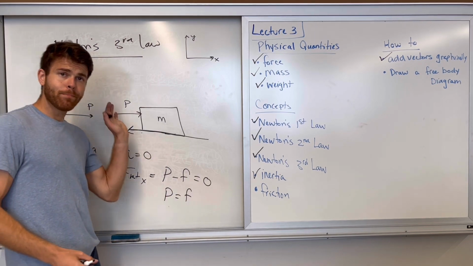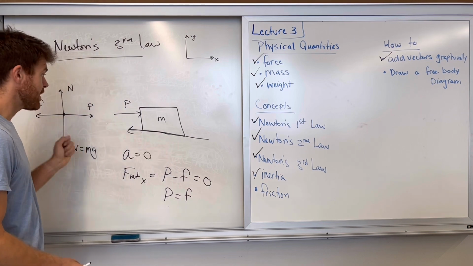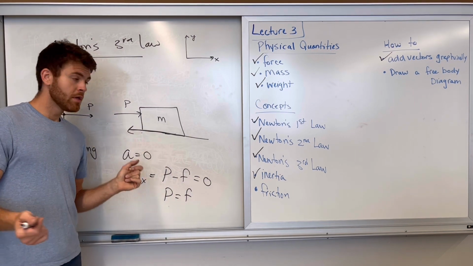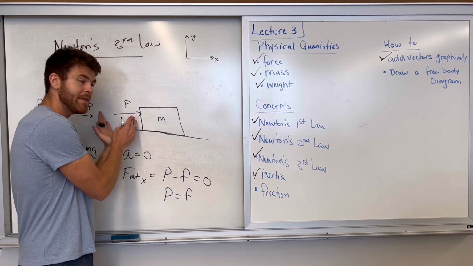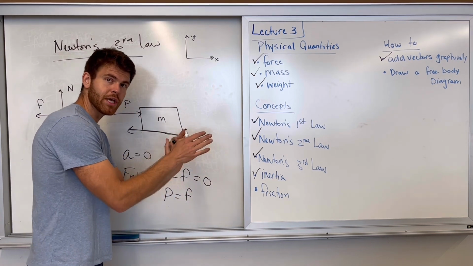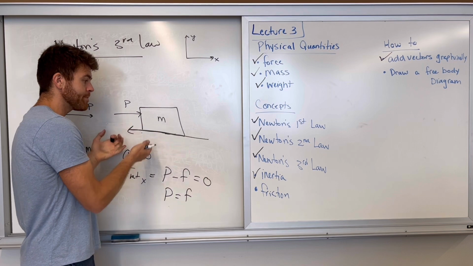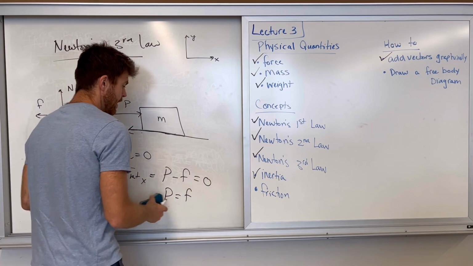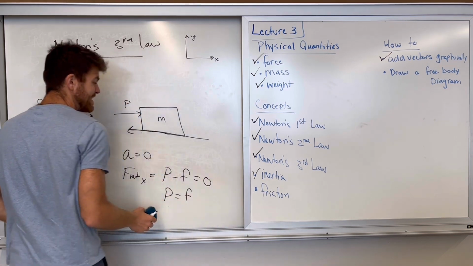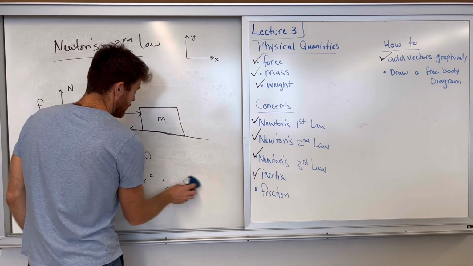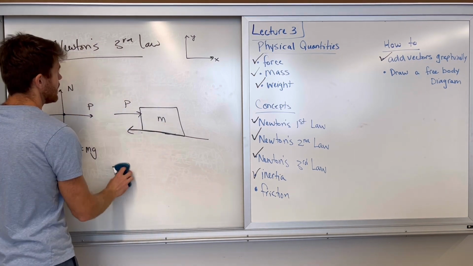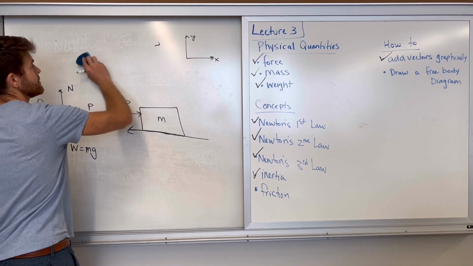So if I stop pushing, what happens to the friction? There is none. That friction develops as a result of me trying to move it, pushing it. Friction is a force that resists motion. It resists the onset of motion. That's a type of friction called static friction.